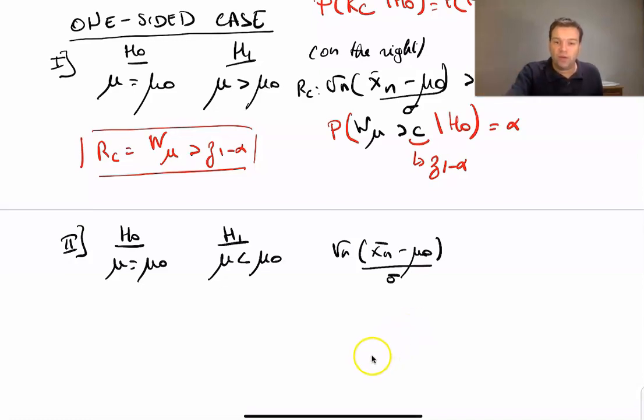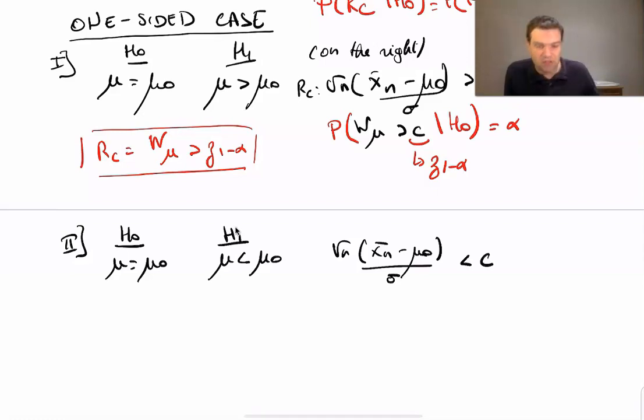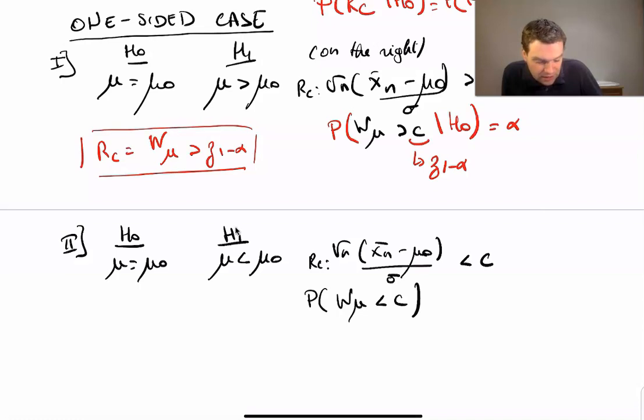Obviously, when we have mu which is really smaller than mu naught, when the observation of X n bar is really smaller than mu naught, when this quantity is smaller than c. If you make the computations for all this, this is the critical region, and this is the probability that W mu is smaller than c. In this case, that should be exactly alpha.